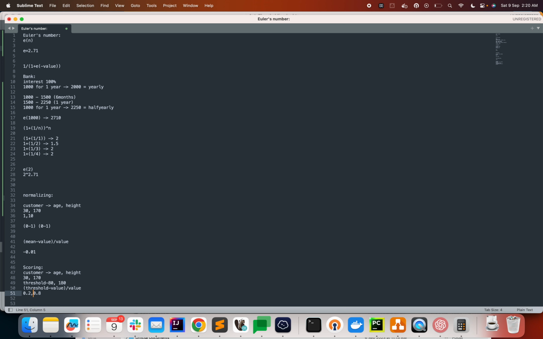Just for example, 0.8 means this guy is deviating more. Whenever this value is higher, sometimes it can be 2 also. If the threshold is 80 and this guy is 20 years of age, 80 minus 60 divided by 80 is okay. But let's say the threshold is 80 and the customer is 180 years of age.